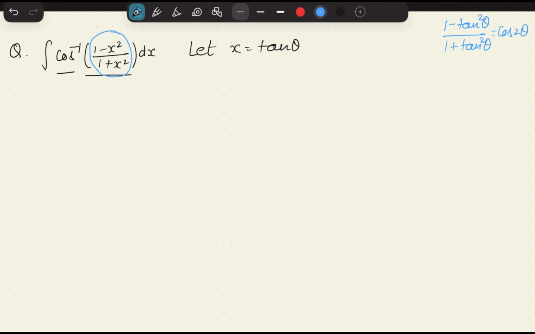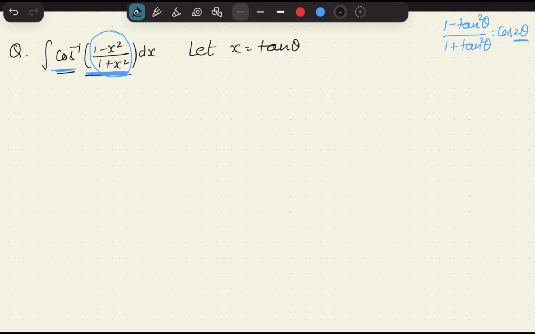So here we have cos inverse, so we want this to be a term of cos, so that cos inverse cancels out with cos, and the 2 theta will be left.